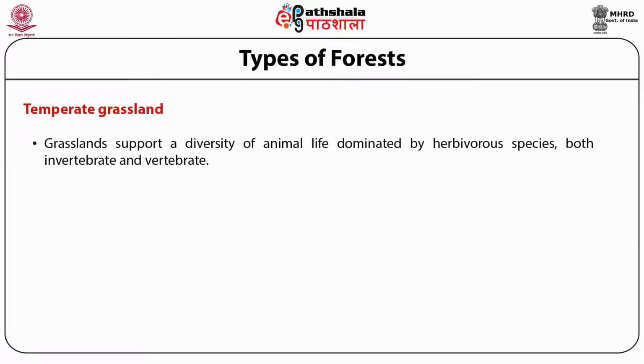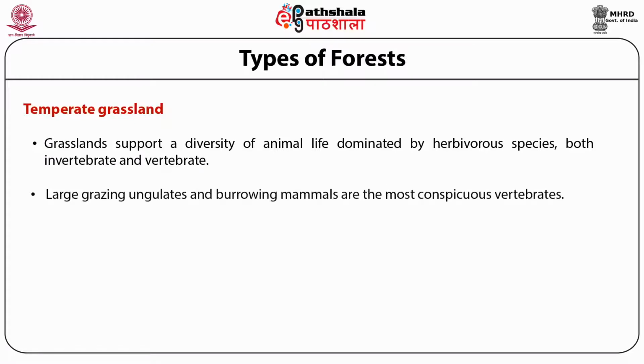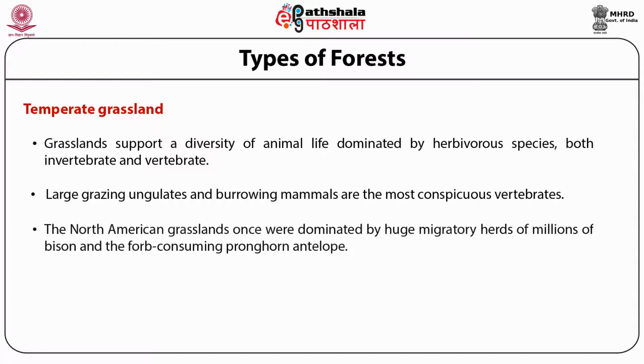Grasslands support a diversity of animal life dominated by herbivorous species, both invertebrates and vertebrates. Large grazing ungulates and burrowing mammals are the most conspicuous vertebrates. The North American grasslands once were dominated by huge migratory herds of millions of bison and the forb-consuming pronghorn antelopes.